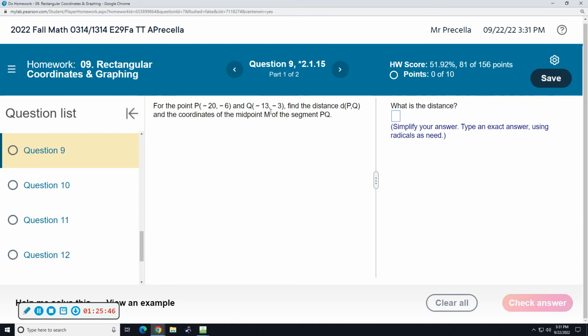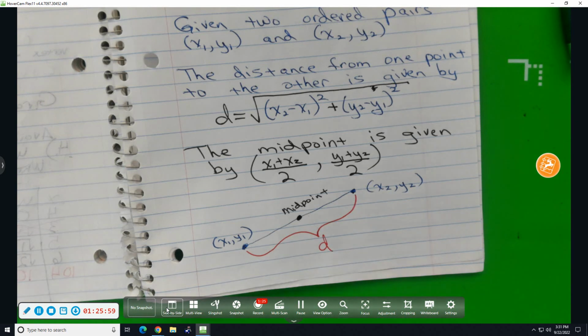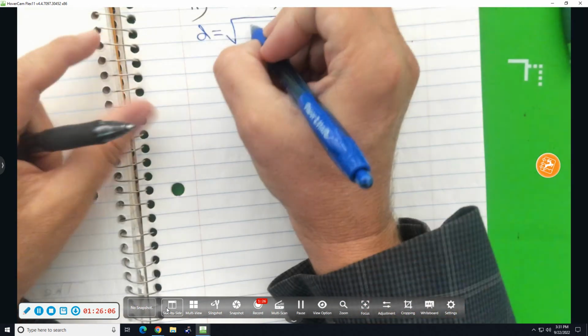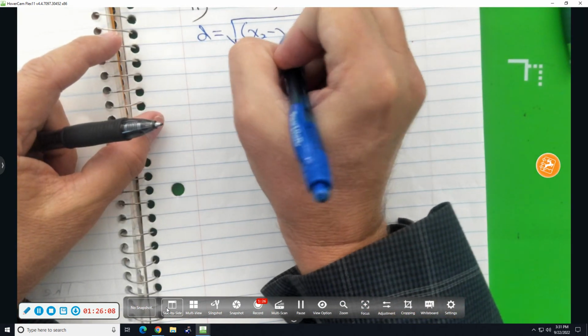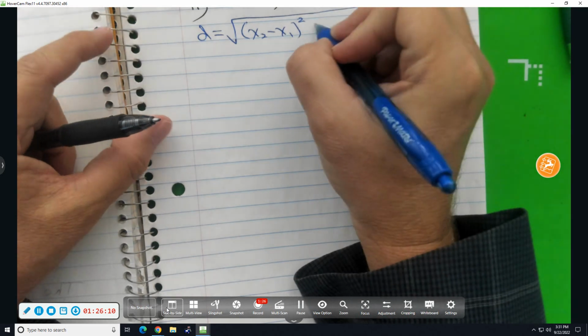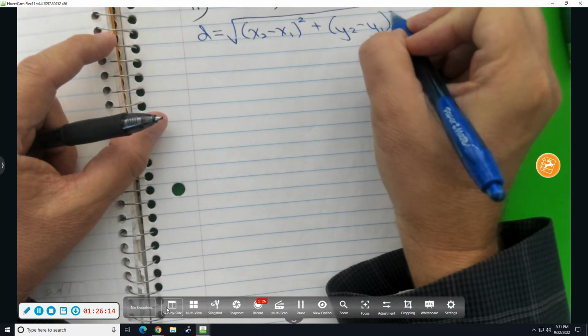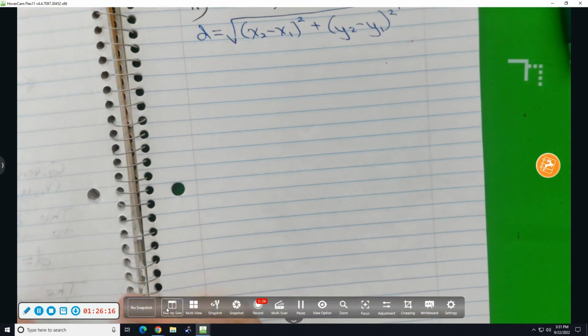Recall the distance formula. If you don't recall it, look back where I stated it a moment ago. You subtract the x coordinates, quantity squared, plus subtract the y coordinates, quantity squared.